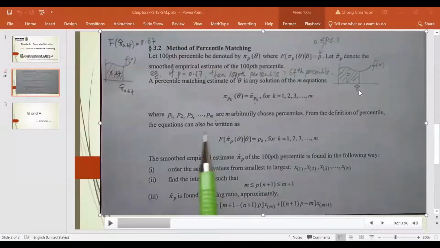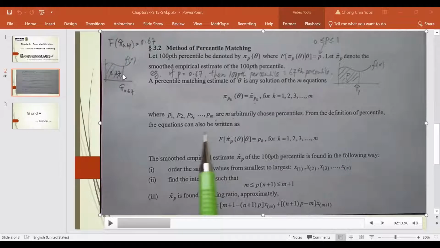At this pi_p, under the graph of the PDF, below this pi_p the probability is p. If your p is 0.67, then the 67th percentile is represented by pi_0.67.